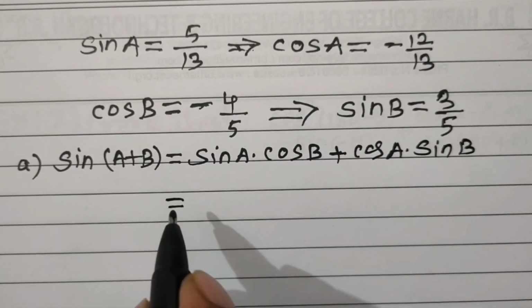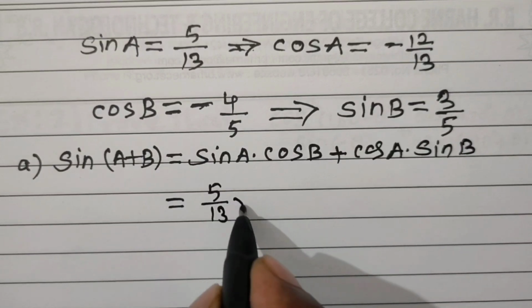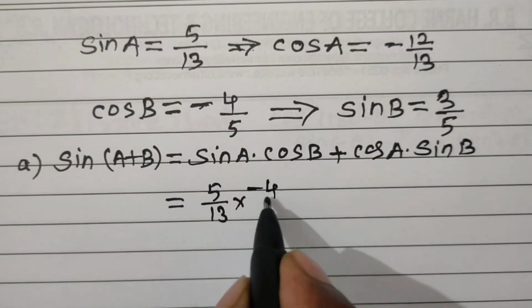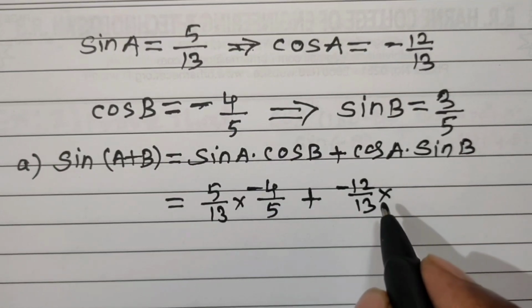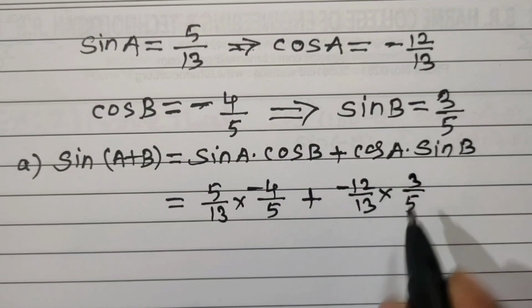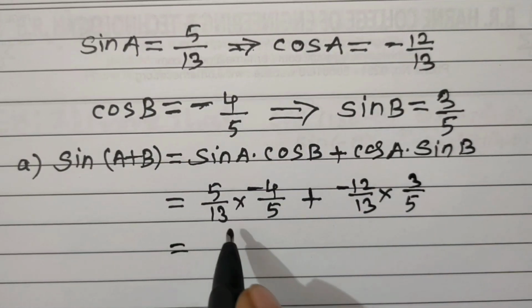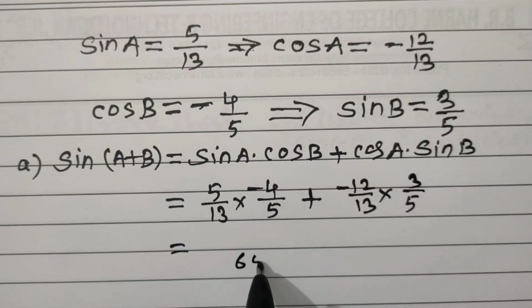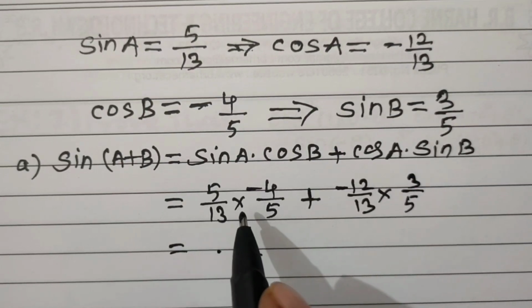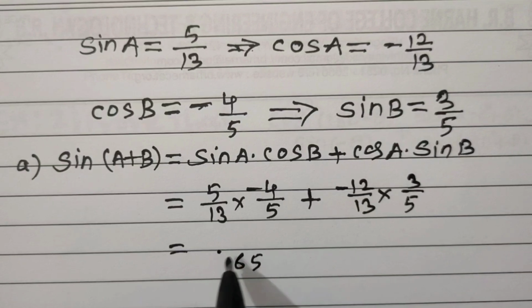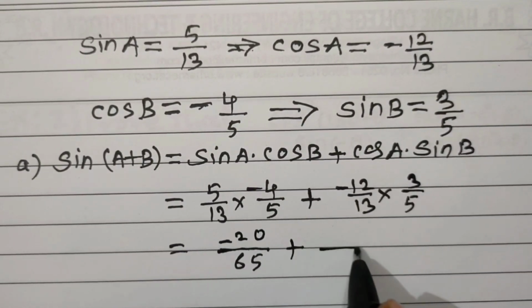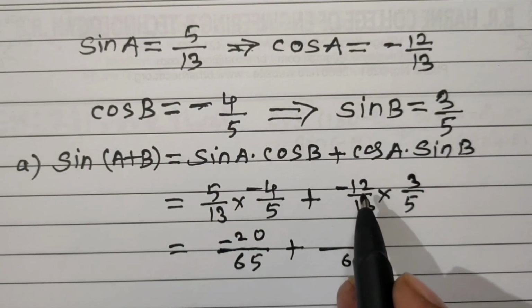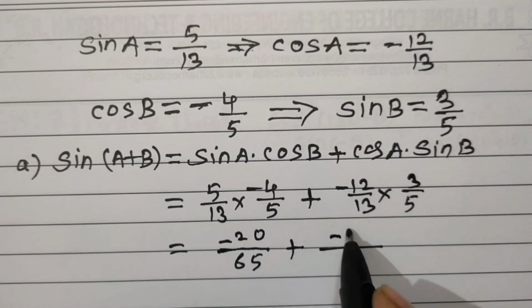Sin A is 5 upon 13 into cos B is minus 4 upon 5, plus cos A is minus 12 upon 13 into sin B is 3 upon 5. Let us take its multiplication. 13 into 5, 65, and in numerator 5 into minus 4, that is minus 20, plus here also 13 into 5, 65, and in numerator minus 12 into 3, minus 36.